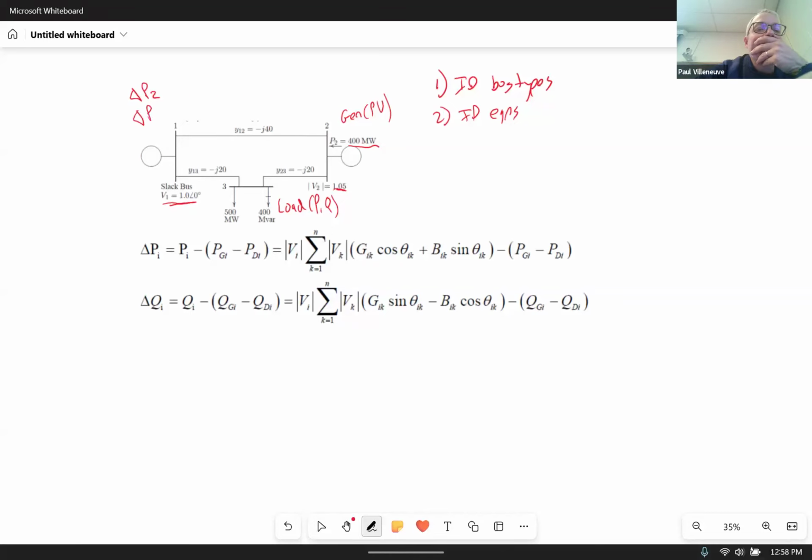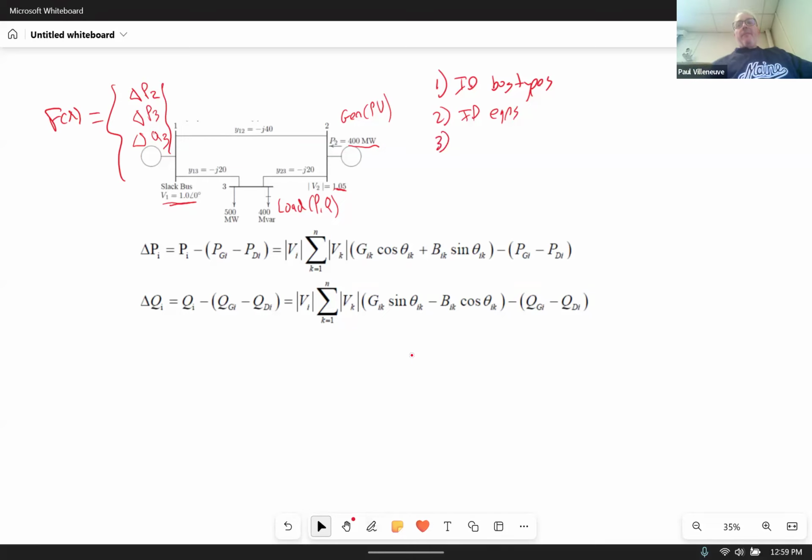We can also write a real power balance equation at bus 3. And we can also write a reactive power balance at bus 3. Okay? So we know our 3 f of x equations that we need to write. So we got step 2 done.